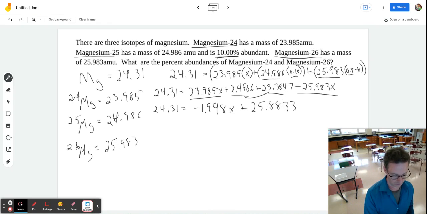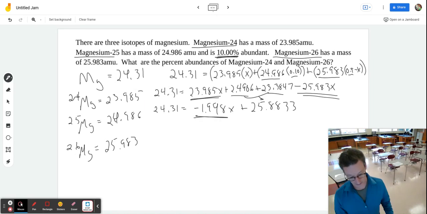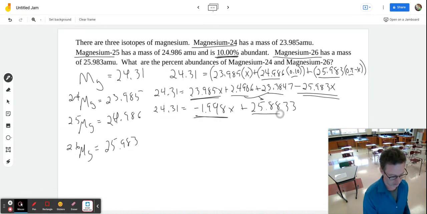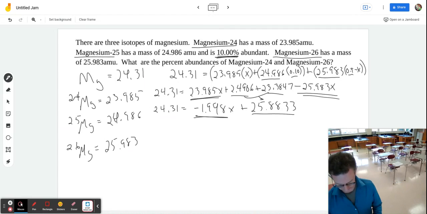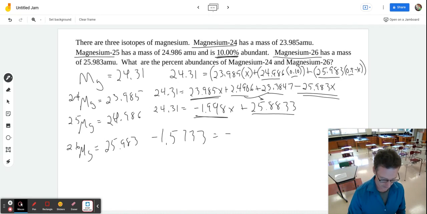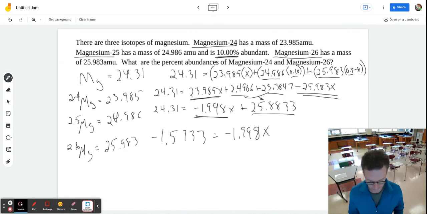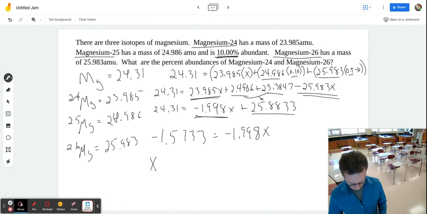This number is what I get when I add these two terms. Now I can subtract 25.833 from both sides. I'm left with negative 0.15733 equals negative 1.998x. Divide to find x, and I find that x equals 0.7874.